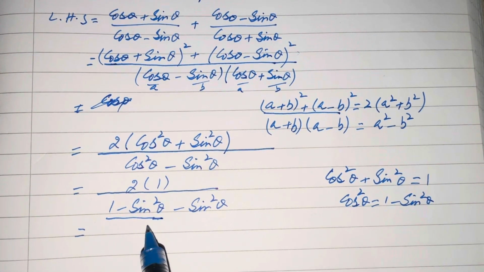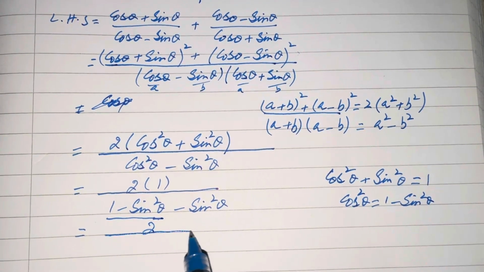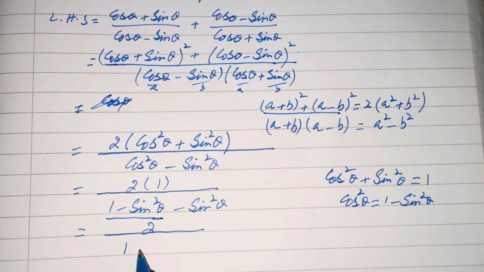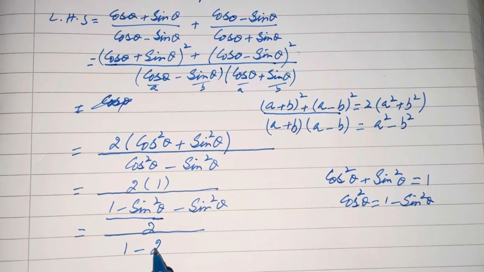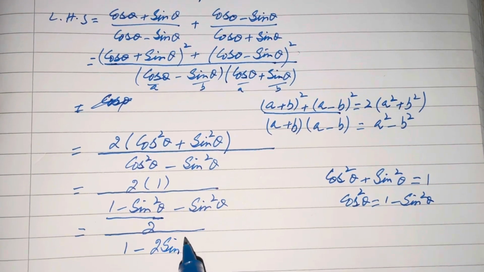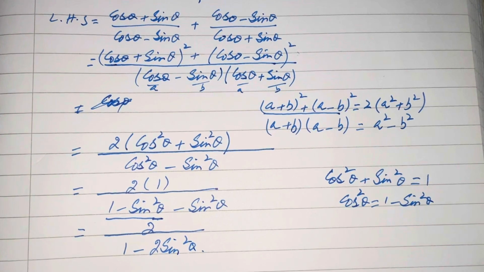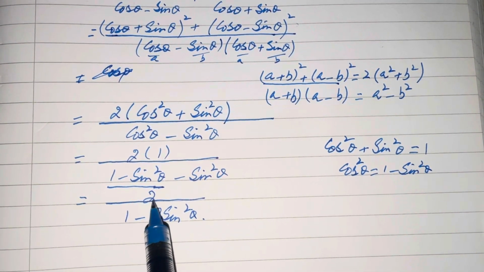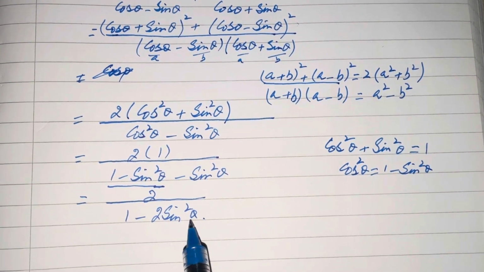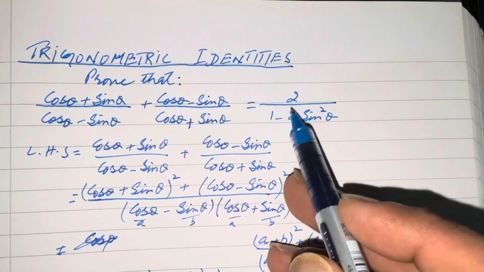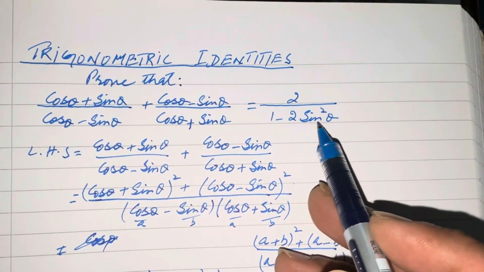So 2 ones are 2, divided by 1, and minus sin square theta and minus sin square theta will be added with each other, so we can say 1 minus 2 sin square theta. So after the simplification we have got the answer 2 over 1 minus 2 sin square theta, which is equal to, at the beginning of the question, 2 over 1 minus 2 sin square theta.